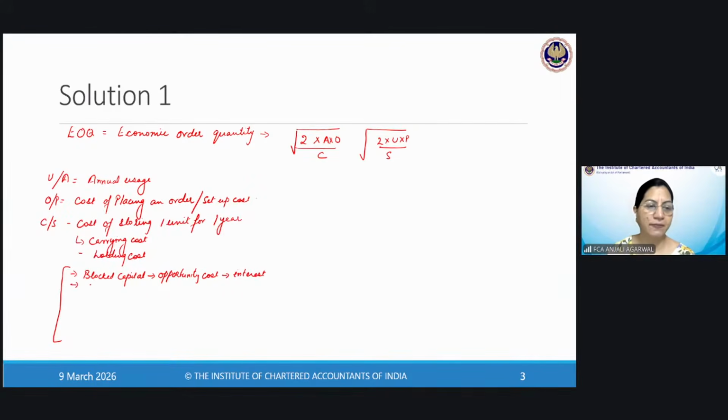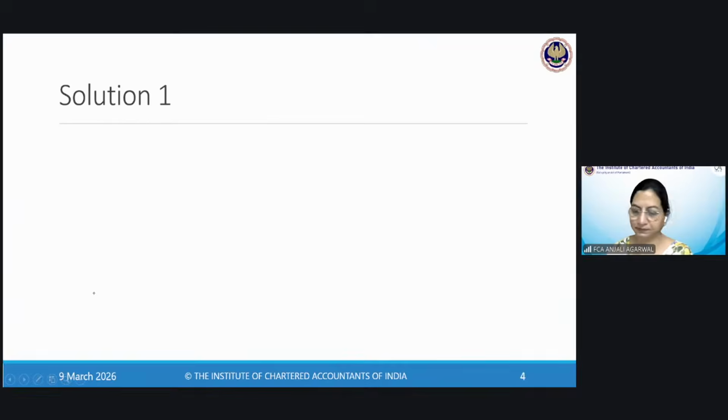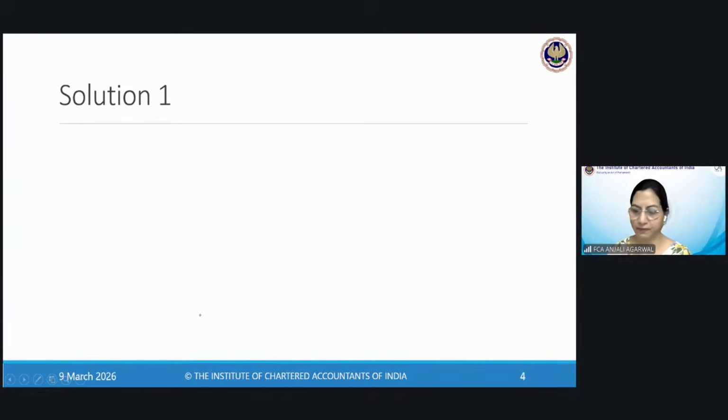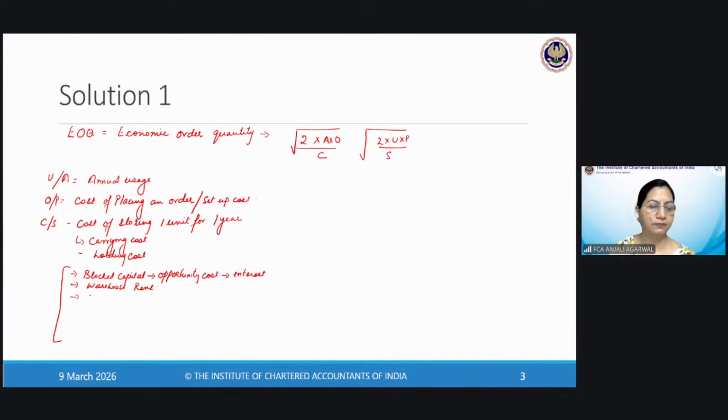Apart from this, there is the warehouse rent, the warehouse keeper's salary, then your raw material can require insurance.